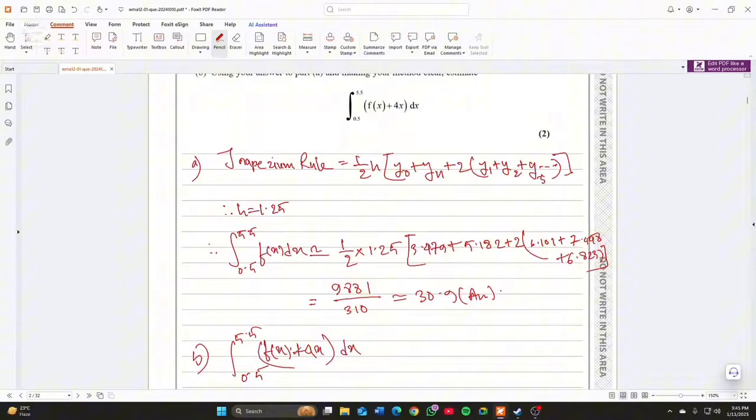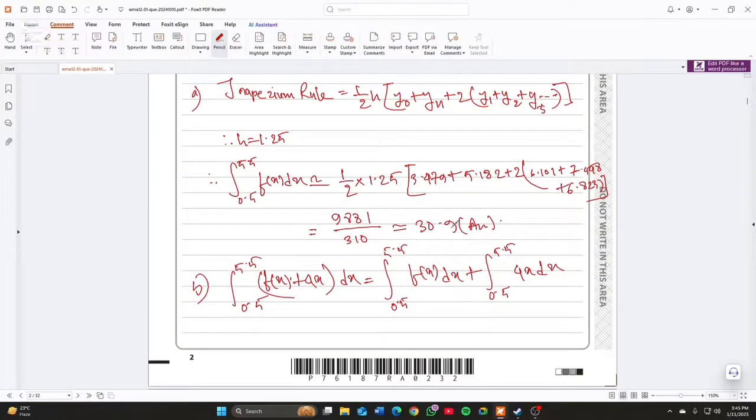Since there is a plus in between, we can write them as separate integrations: the integration from 0.5 to 5.5 of f of x dx, plus again the integration from 0.5 to 5.5 of 4x dx.